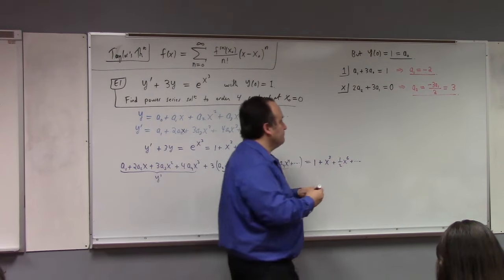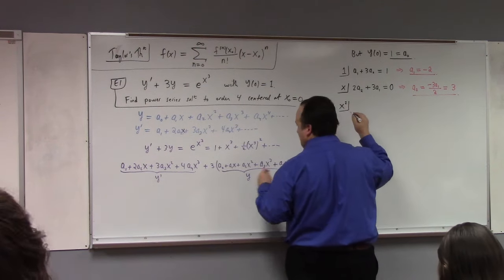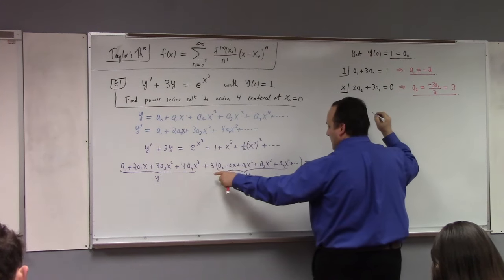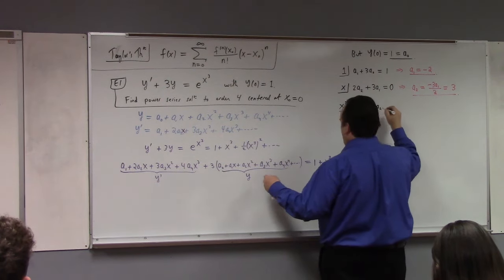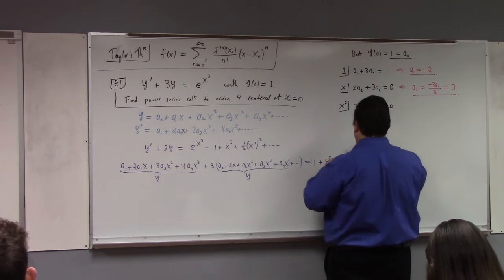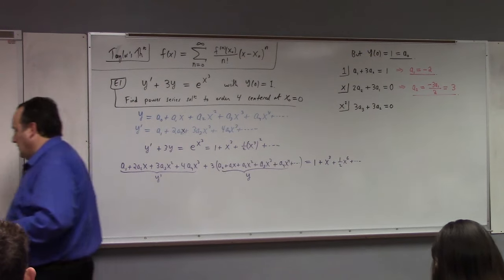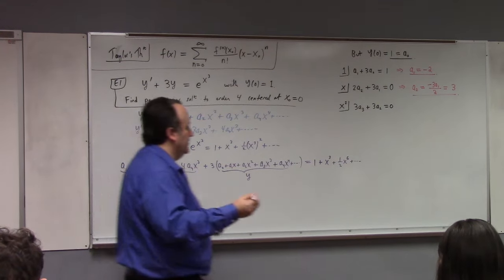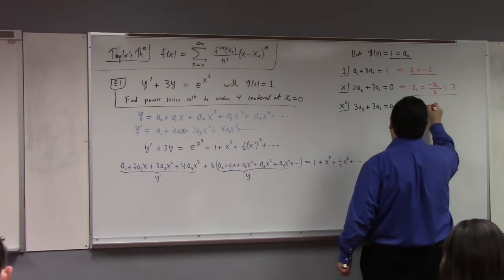Now up x squared. What do we got at x squared? For x squared, we've got 3a3 plus 3a2, and nothing over here, equals to 0. So that tells me that we got a3 equals to what? -3?